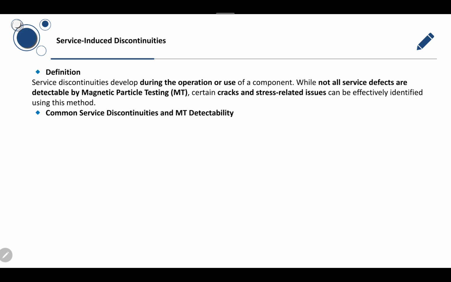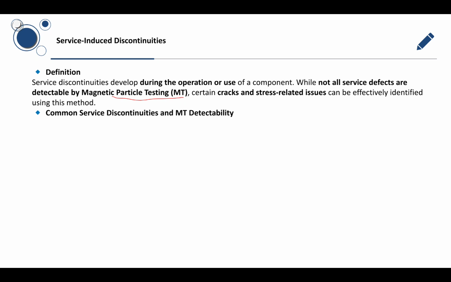Next one is service induced discontinuities. These discontinuities develop during the operation or use of a component. While not all service defects are detectable by MT, certain types of cracks are effectively identified by this method.